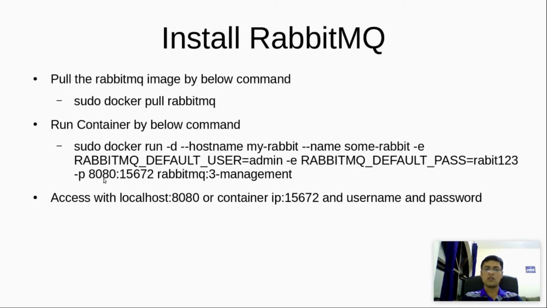So I have mapped 8080. Every request going to 8080 will pass to 15672, so we can see the RabbitMQ management from the browser.